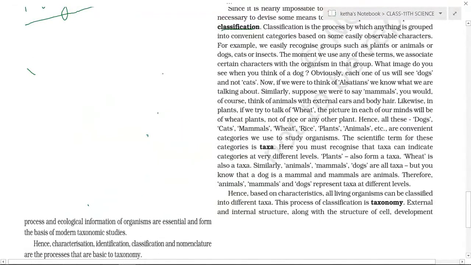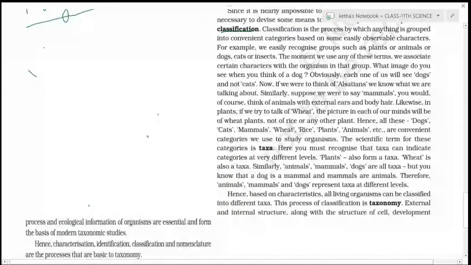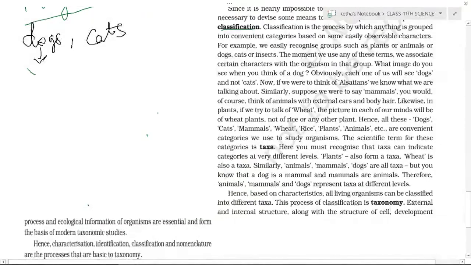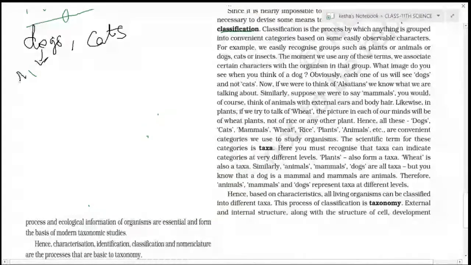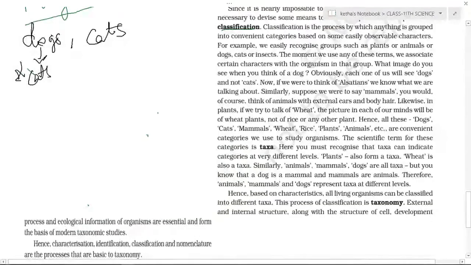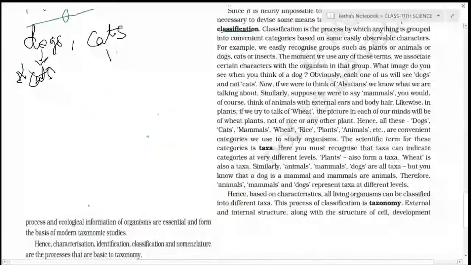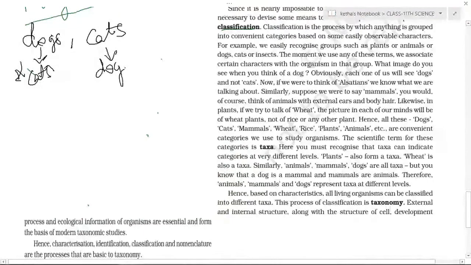If dogs are present, cats are not going to be present. If we see cats, no dogs are seen. This is vice versa.